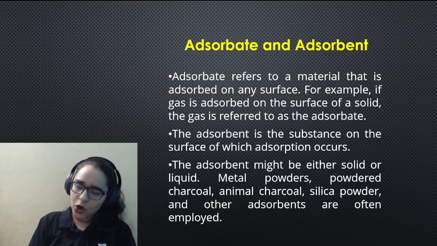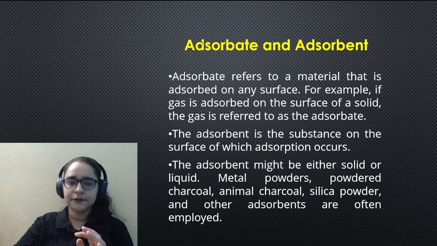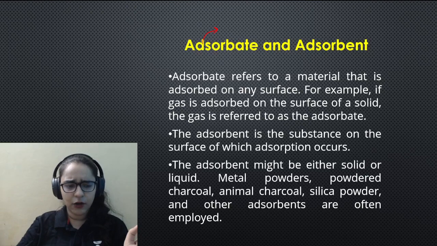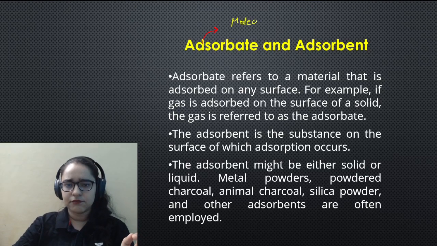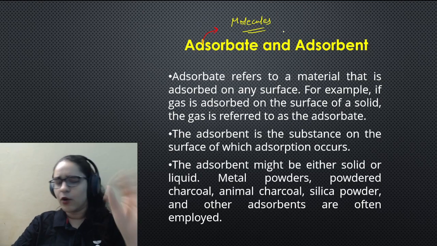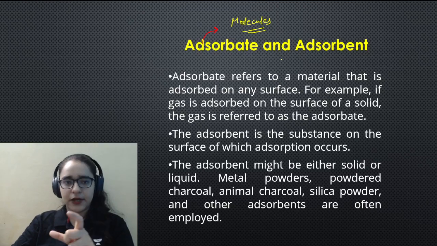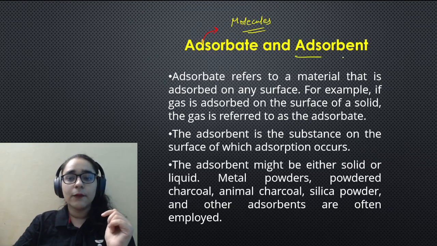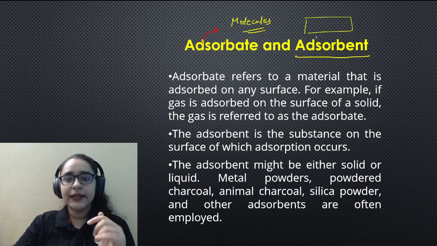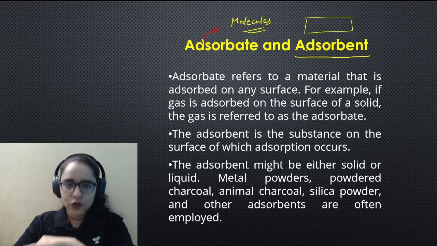In the adsorbate, let's say we are talking about some molecules, whether solid, liquid, whatever. We're talking about the incoming molecules. That is the adsorbate. When we talk about the adsorbent, that will be the material on which it is getting adsorbed.